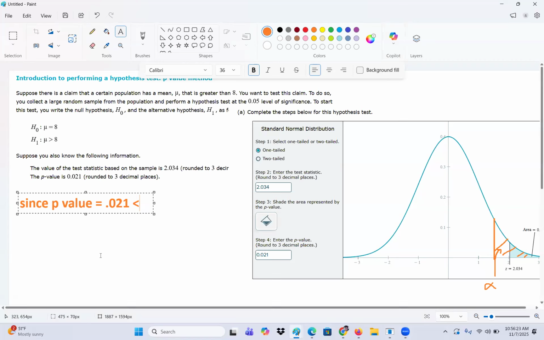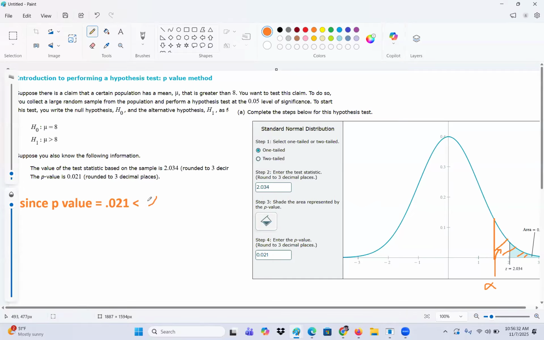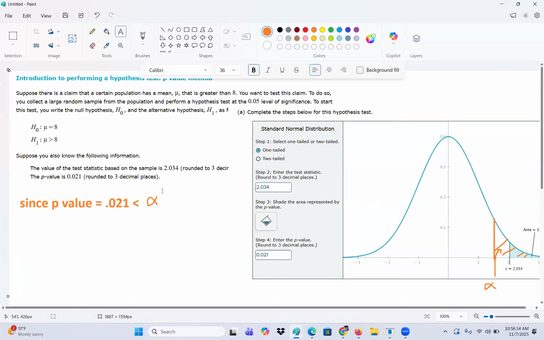So then we have to say yes for that. Okay, so this is what it is. Less than the alpha, which is 5%. So then we reject the null hypothesis.